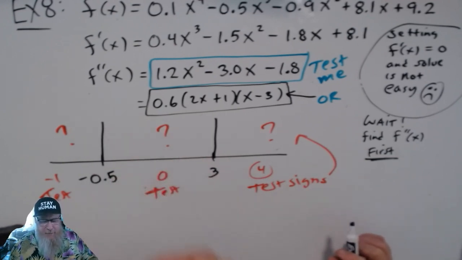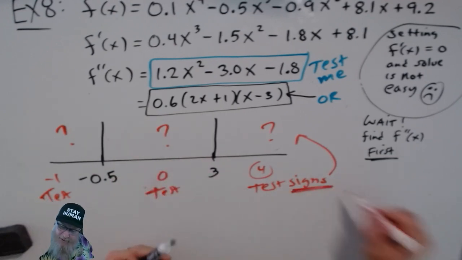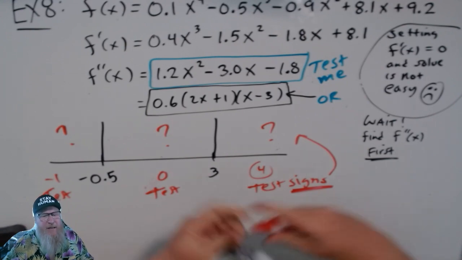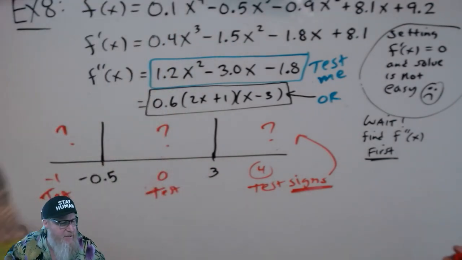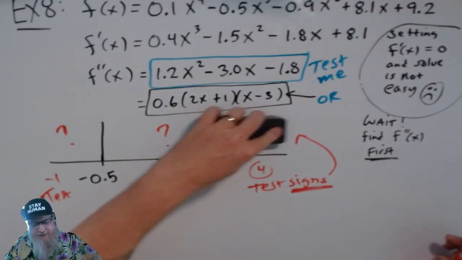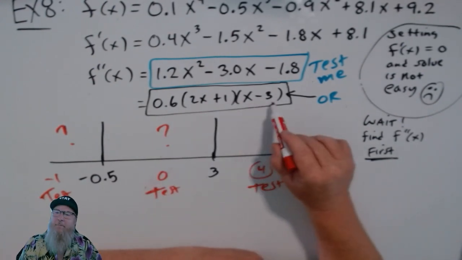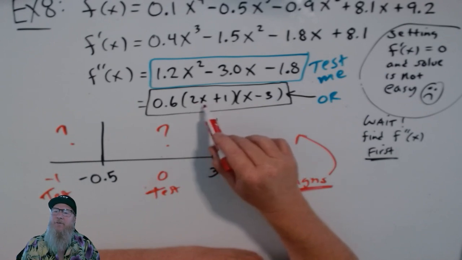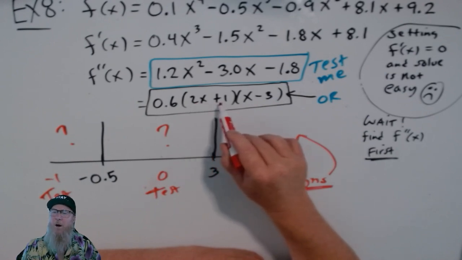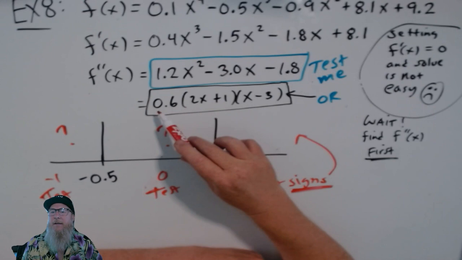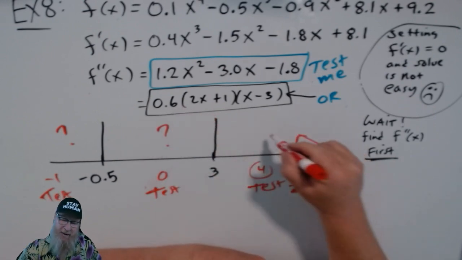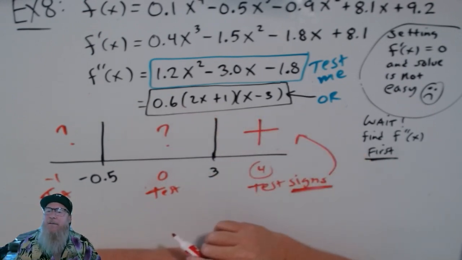All right, so let's go ahead and plug it in. Now remember, all we care about is the plus or minus signs. So we can do this with mental math. This is meant to be done with mental math. So let's test 4. 4 minus 3, that's positive. 2 times 4, that's positive. Plus 1, still positive. Times 0.6, still positive. So the sign there is positive.